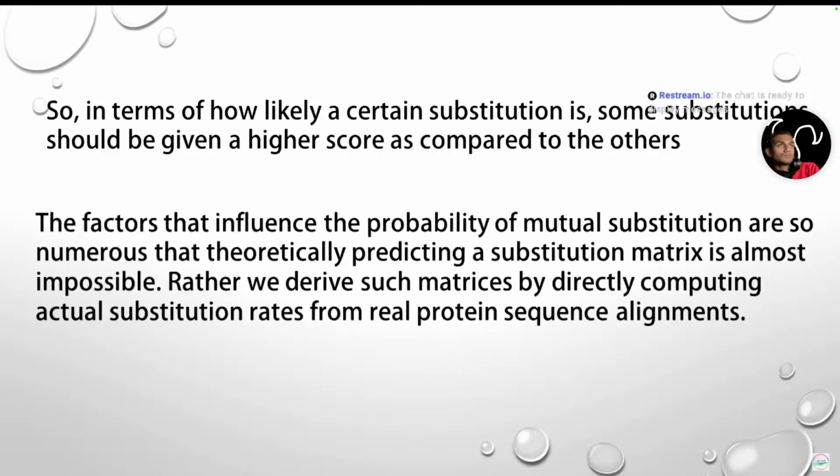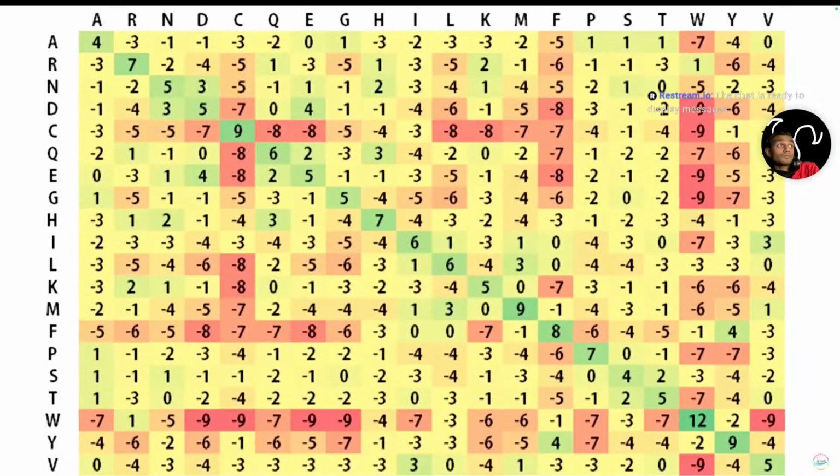The factors that influence the probability of mutual substitution are so numerous that theoretically predicting a substitution matrix is almost impossible. Rather, we derive such matrices by directly computing the actual substitution rates from real protein sequence alignments. Percent accepted mutations or point accepted mutations, or PAM, is one such example.